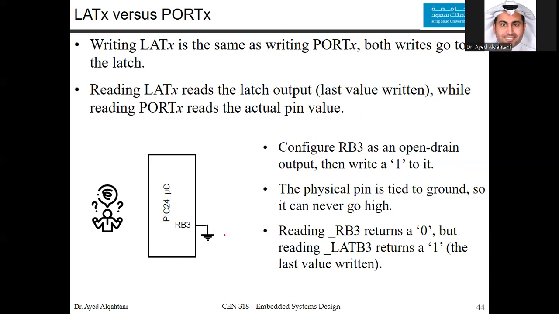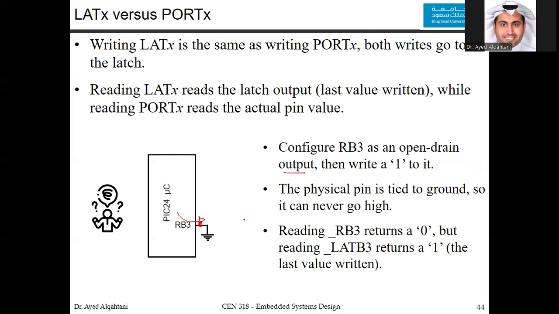Now, look at this example. This is very quick. Let's say that you have RB3 and it's connected to ground. But you configure RB3 as an output, so this is an output value that will output something to the pin outside. Then you want to write 1 to it. Now, the physical pin is tied to the ground.